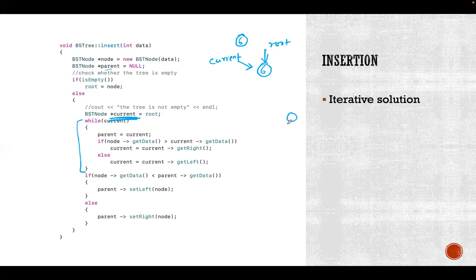Then we check the value of the data against the value of this leaf node. If it is smaller, we set it as the left node; else if it is greater than this value, we set it as the right node.